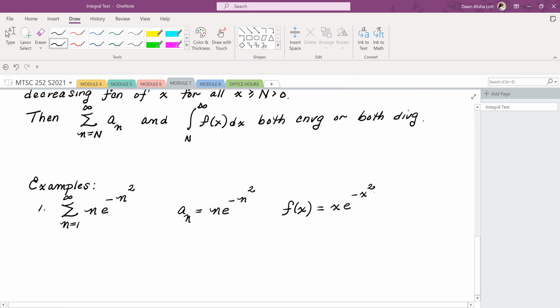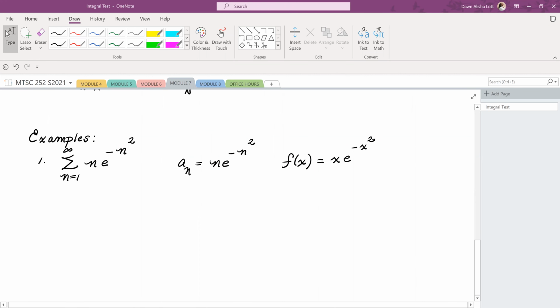And to show that this thing is decreasing, I just basically need to show that its derivative is negative, all right? So to show that f of x is decreasing, we already see it's continuous.